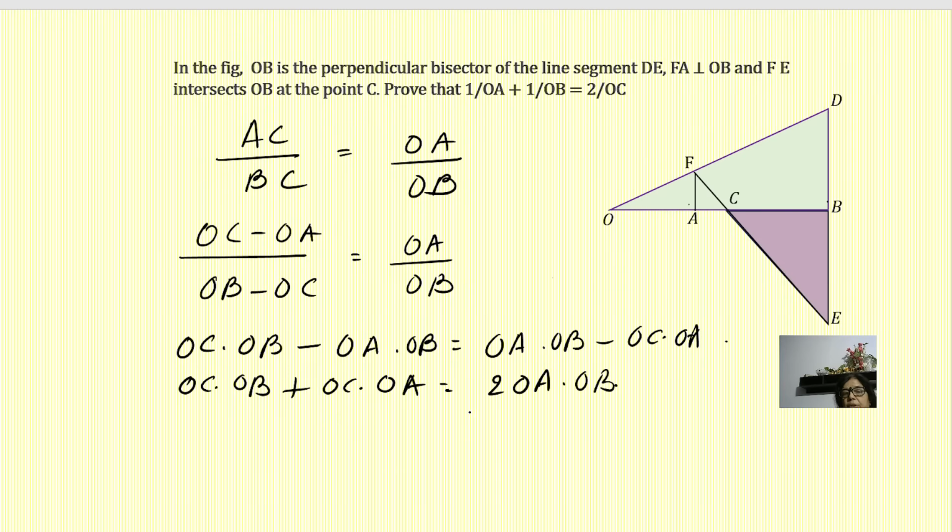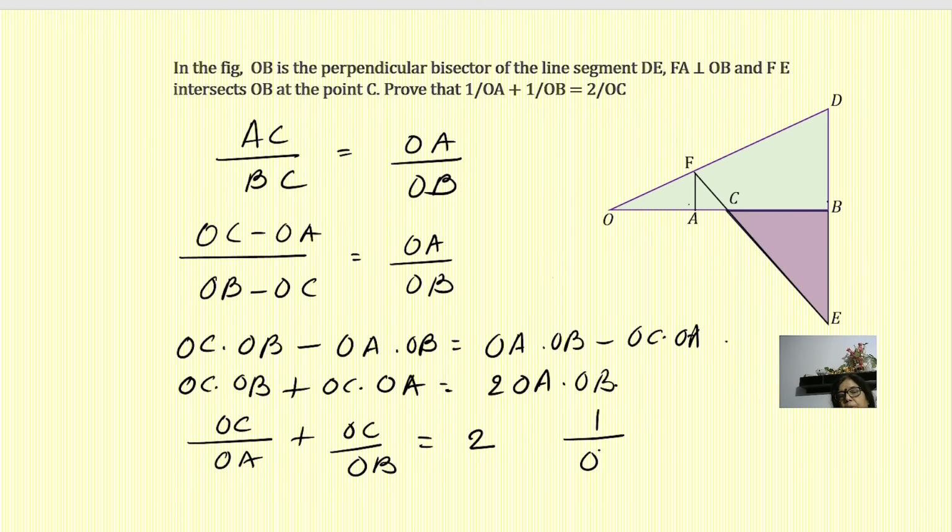So divide both the sides by OA, OB. Here I will get OC by OA plus OC by OB is equal to 2. Now divide both the sides by OC. So we get 1 by OA plus 1 by OB is equal to 2 by OC. And this is what we have to prove.